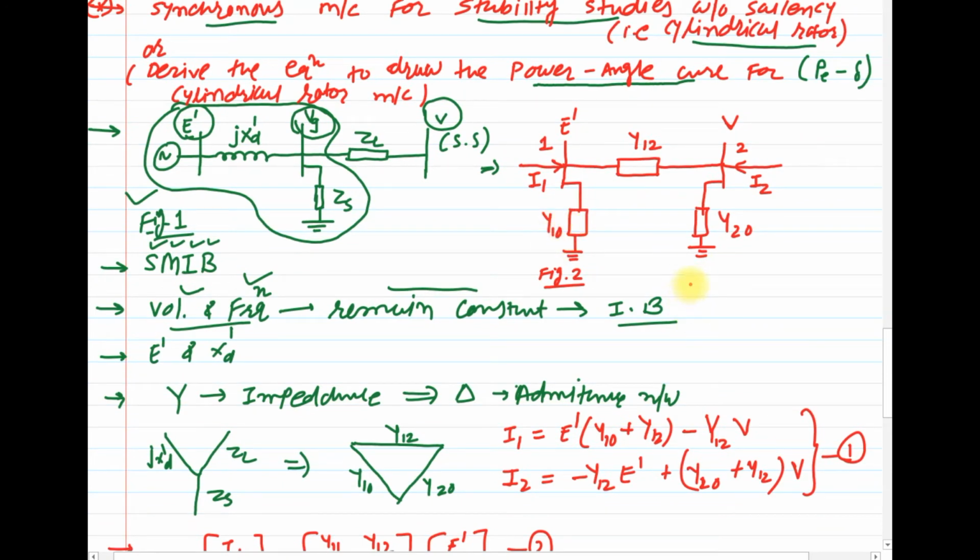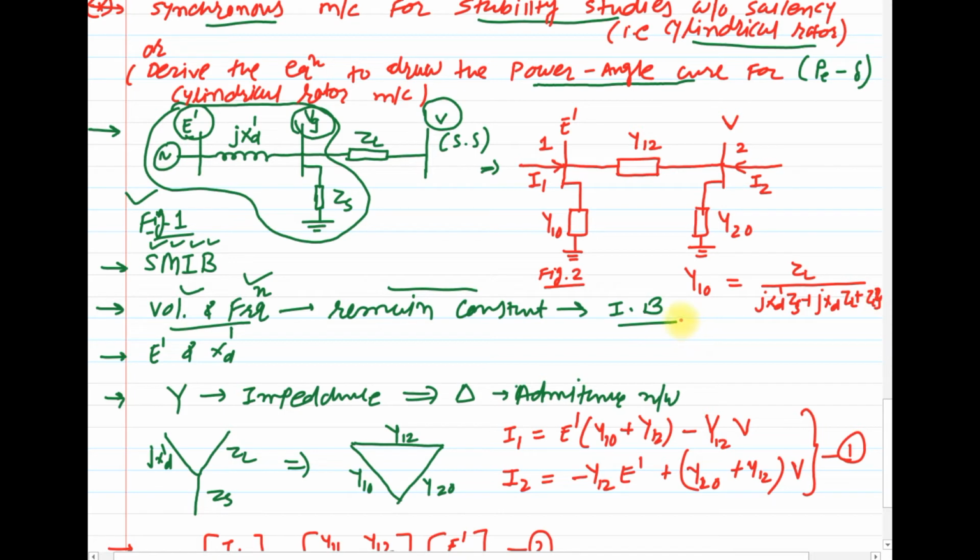I will write over here the value of admittance Y10, which is equal to ZL divided by the total impedance, which is jXd dash ZL plus ZS plus jXd dash ZL plus ZL into ZS.